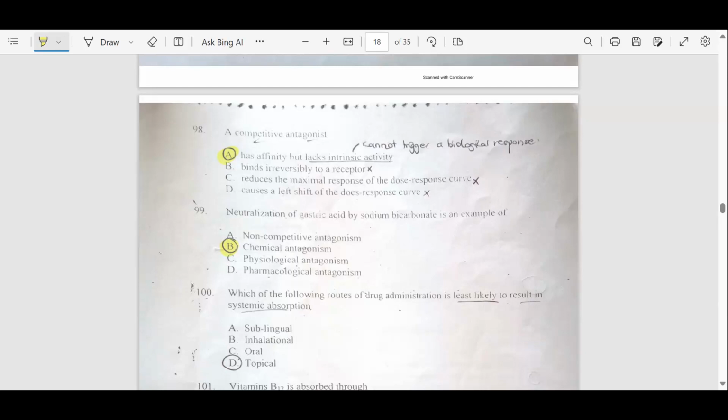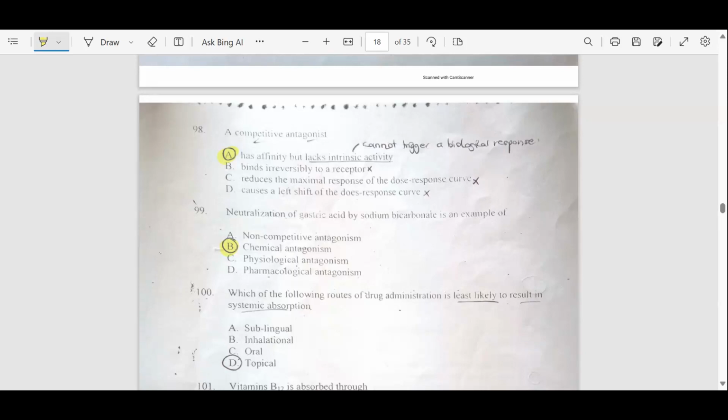Divya also says a competitive antagonist binds to the same site as the agonist but does not activate it, thus blocks the agonist function. She goes ahead to say they are different from agonists as they cannot trigger the stimulus that leads to biological responses, that is, they lack intrinsic activity.